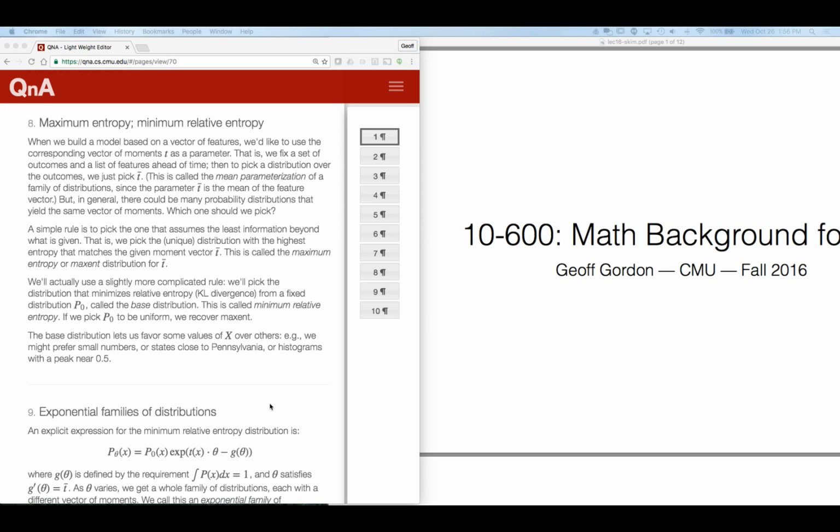P0 is arbitrary. It's called the base distribution, but you can pick a base distribution that makes sense for your application. So these two things, maximum entropy and minimum relative entropy, are ways to specify which distribution we mean when we give a vector of moments.